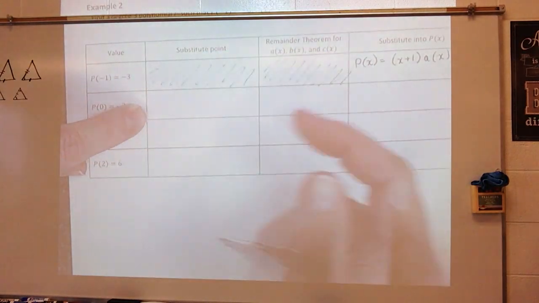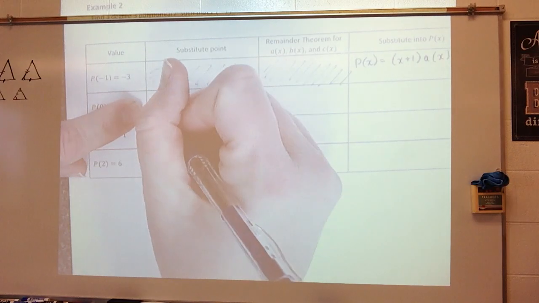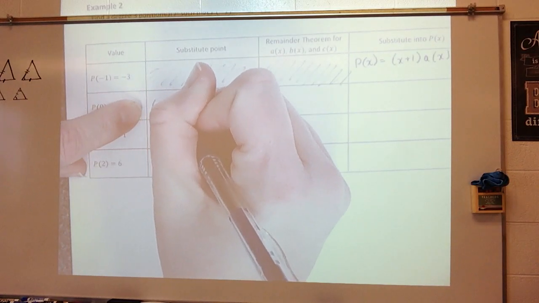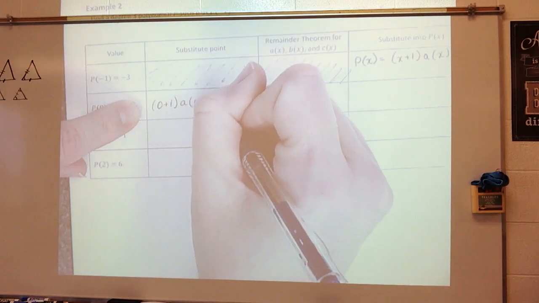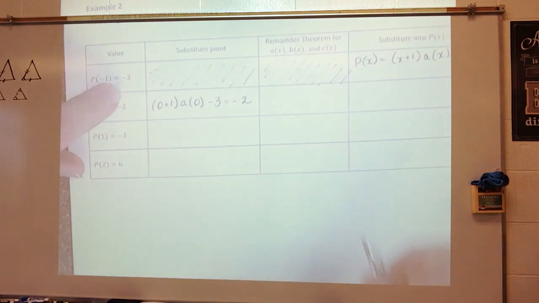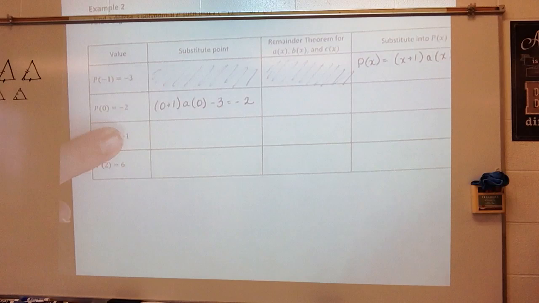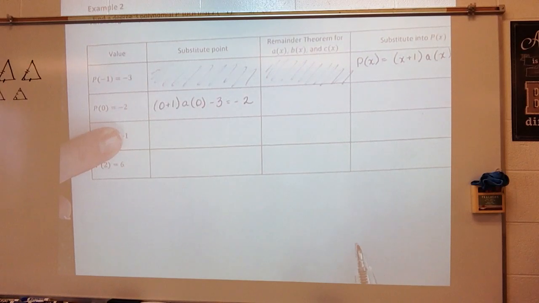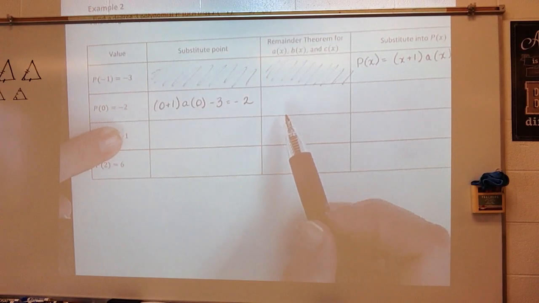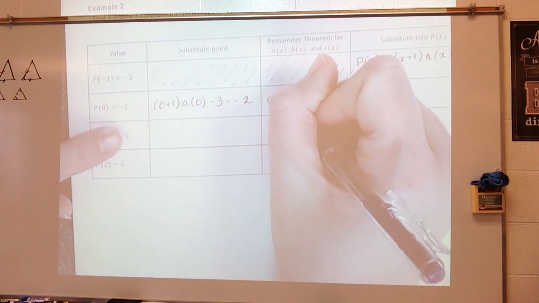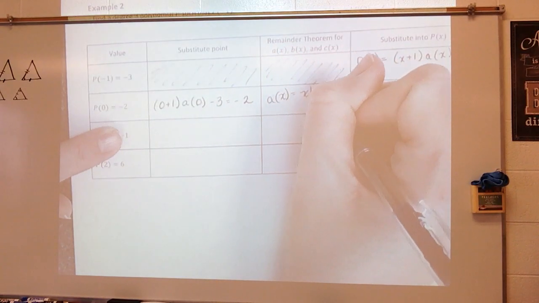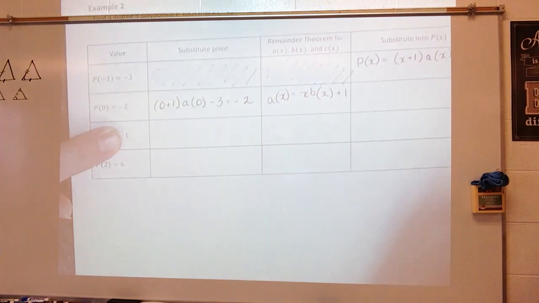So we substitute it in, and we get 0 plus 1, a of 0 minus 3 is equal to negative 2, because that's what it tells me it equals. So now we've got a of x is equal to xb of x plus 1.